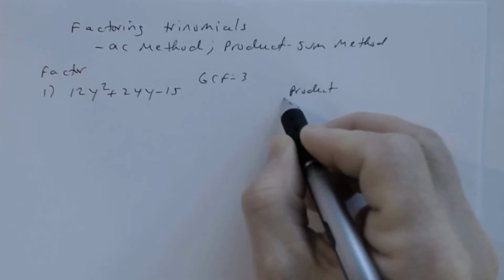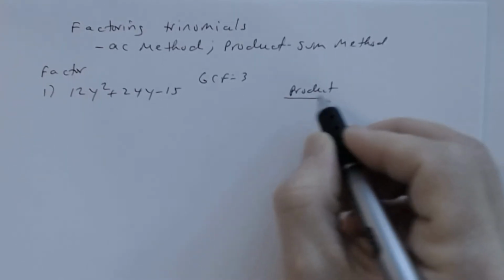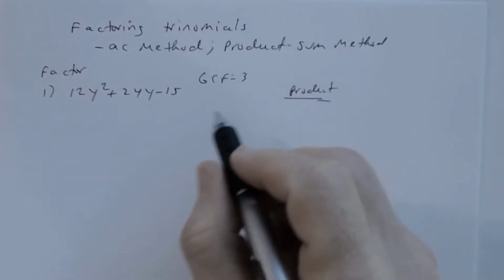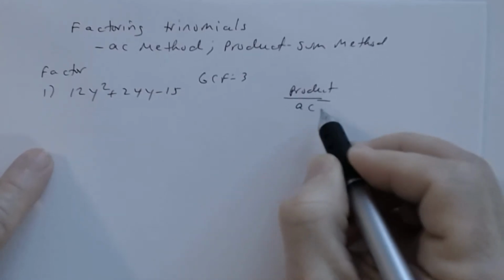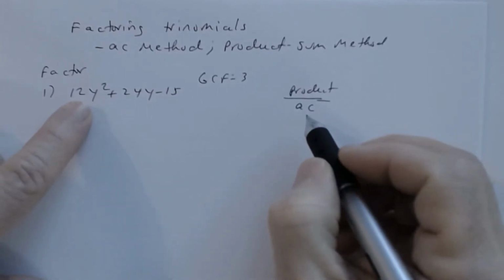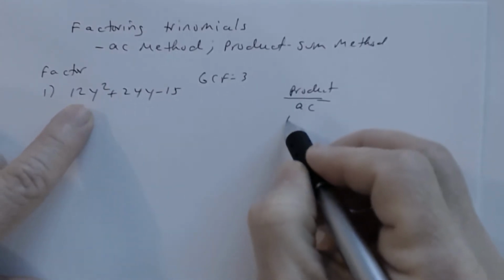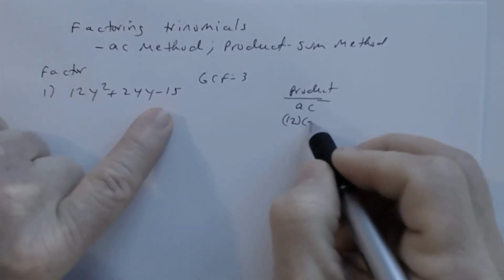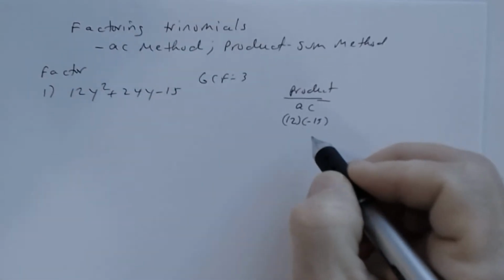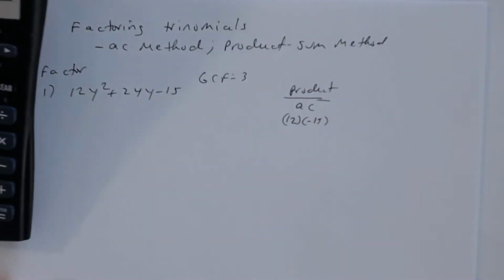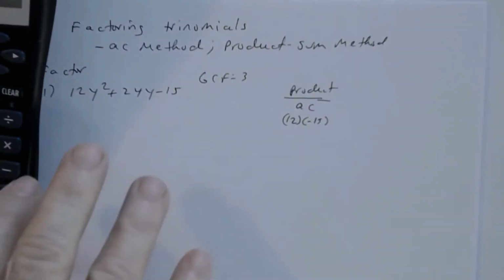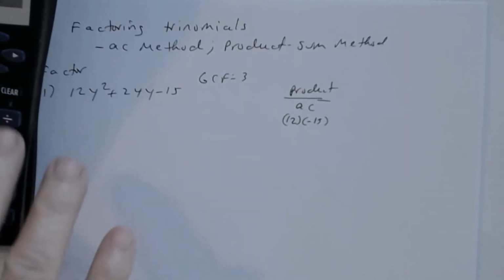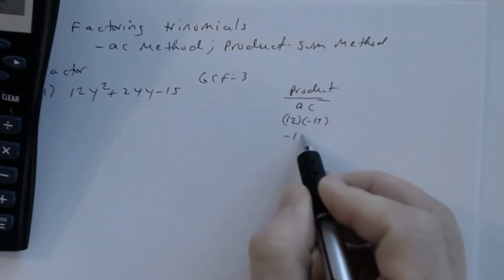So when we looked at product sum, the product is the product of A and C. And remember, A is the coefficient of y squared in this case, so that's 12. And C is your constant, and that's negative 15. So if I multiply that out, 12 times negative 15 is negative 180.